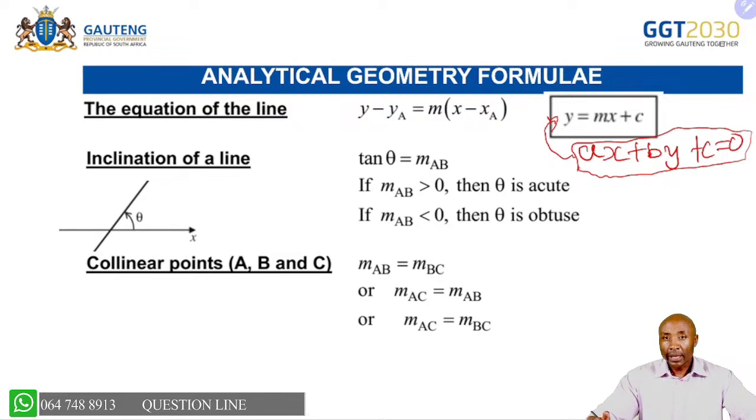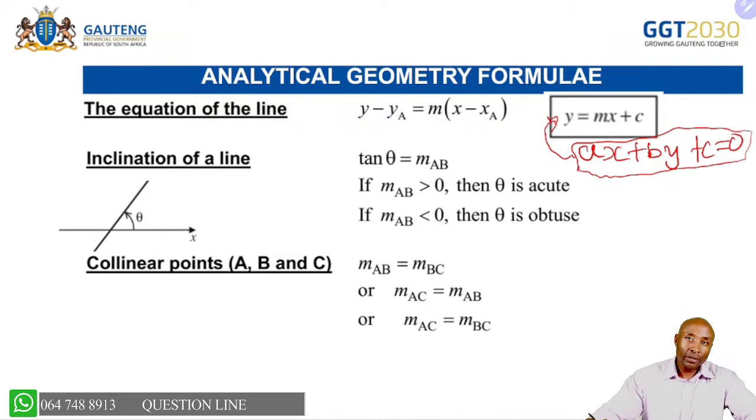And it is the angle between the positive x-axis and the given line segment. Now, if you check, we are only measuring the angle on the positive side of the x-axis, and you will realize that if our gradient is positive, our angle of inclination is acute.